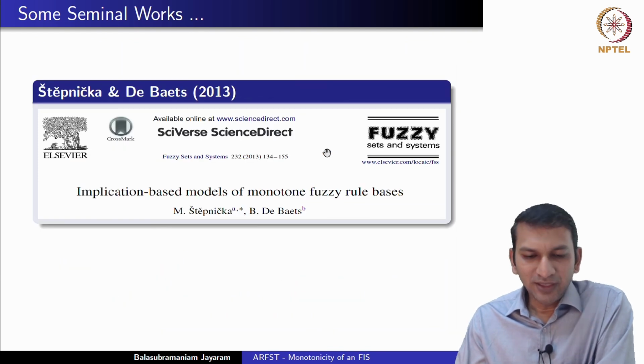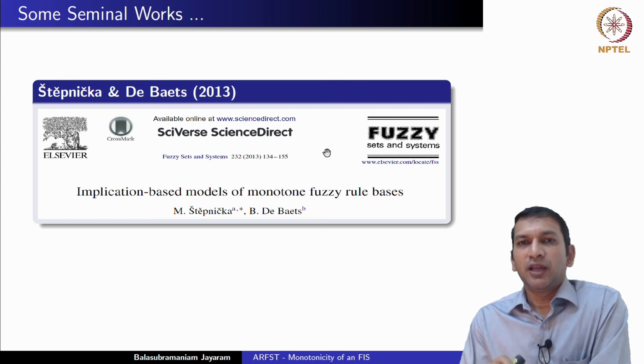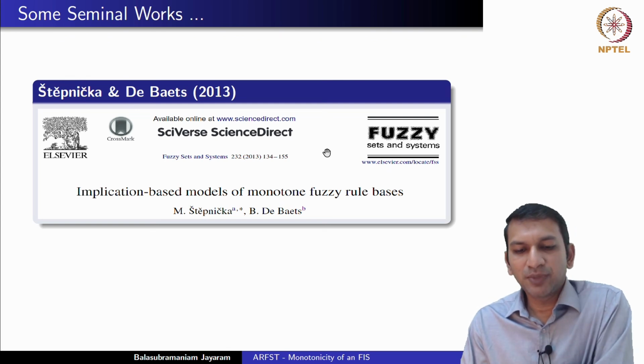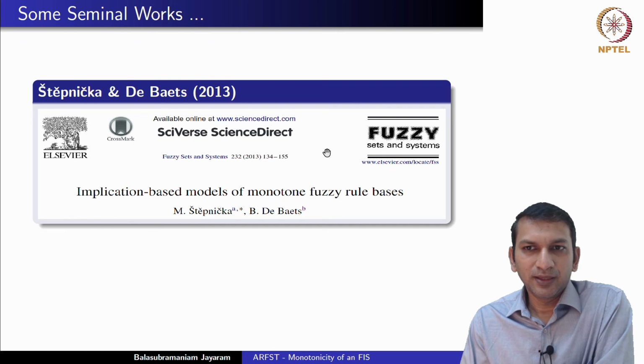Quite a few years after that, the same kind of study was done by Štěpnička and De Baets, but in this paper they looked at FRIs with implication-based models. That means they used implication to relate the antecedents and consequence.